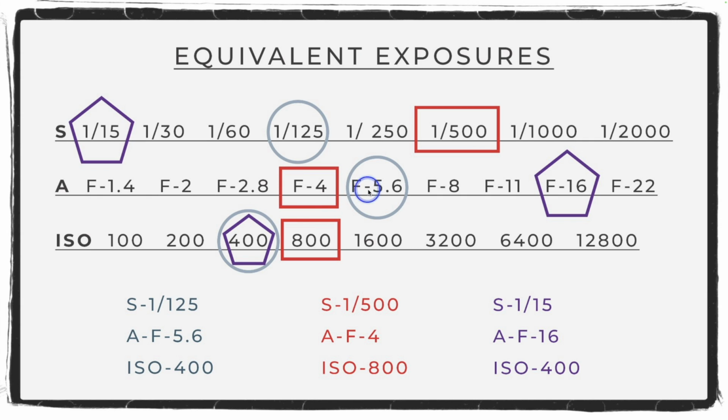This combination of numbers is exactly the same as this combination of numbers as far as being an equivalent exposure. So 1/125 at f5.6 at ISO 400 is exactly the same as 1/500 at f4 at ISO 800, and exactly the same as 1/15th of a second at f16 at ISO 400.